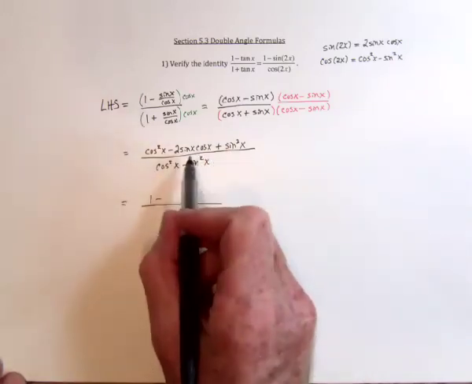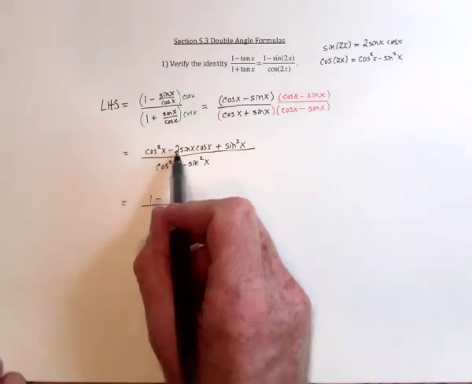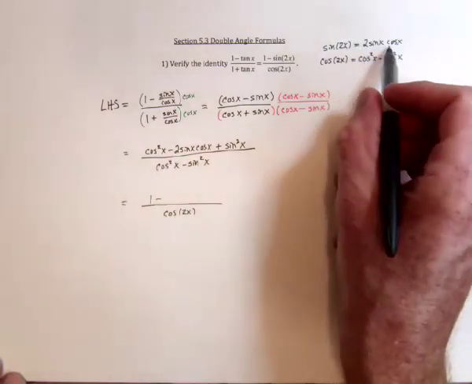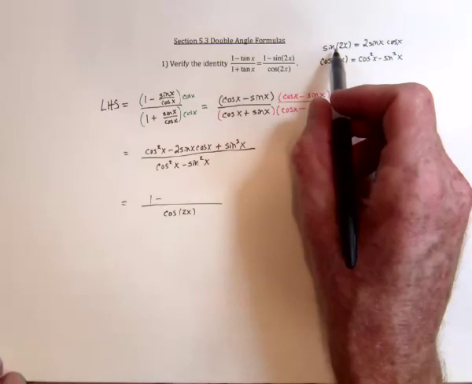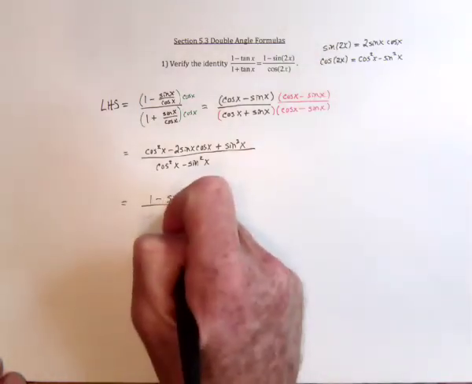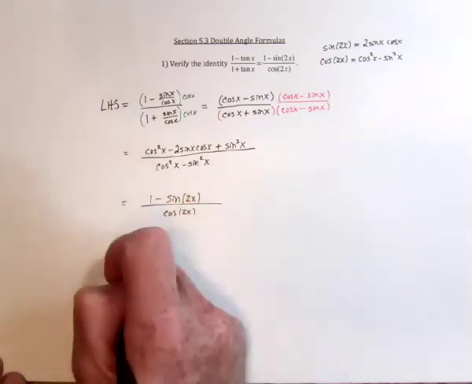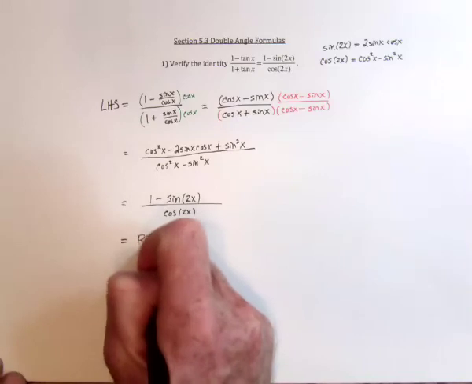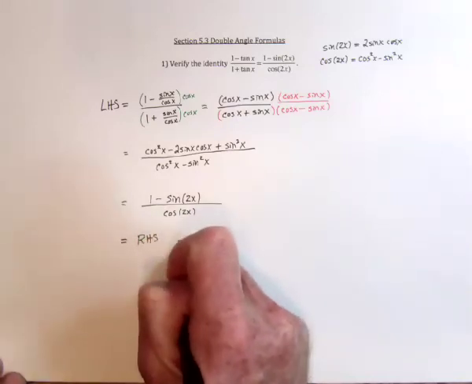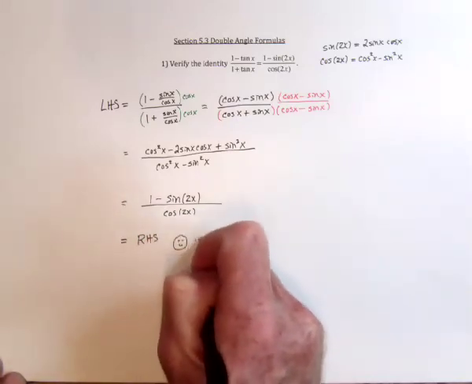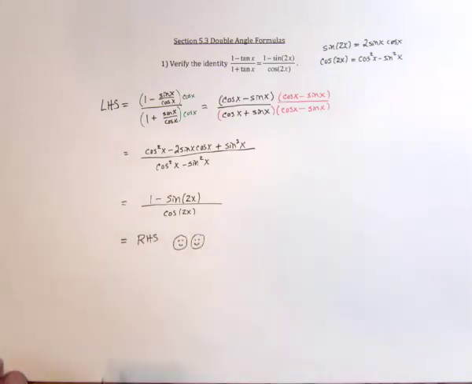And then this identity right here, like I said, 2 sine of x times cosine of x is identical to sine of 2x. And there are all the pieces. That was a fun one. Maybe it deserves double smiley faces.